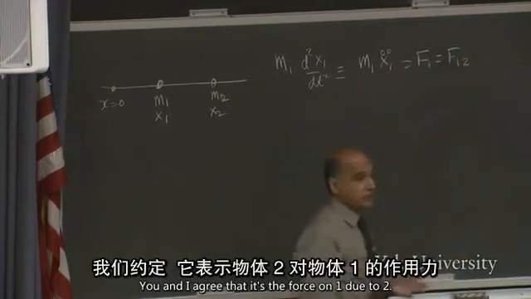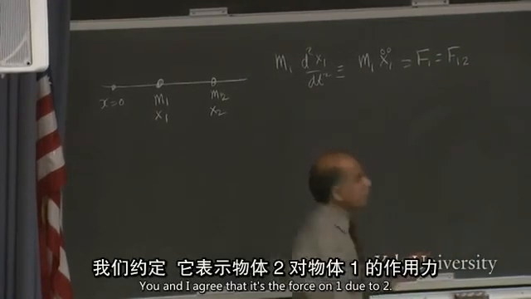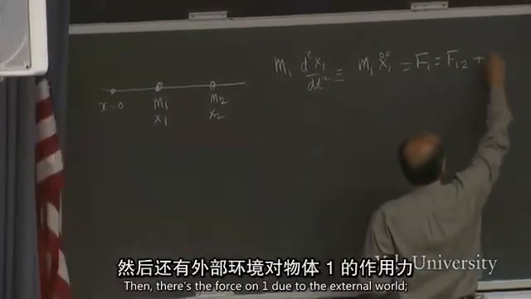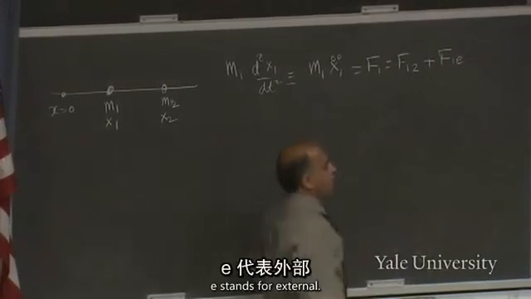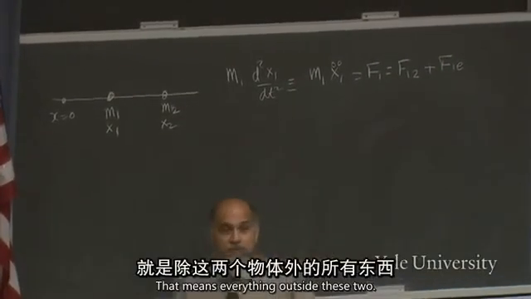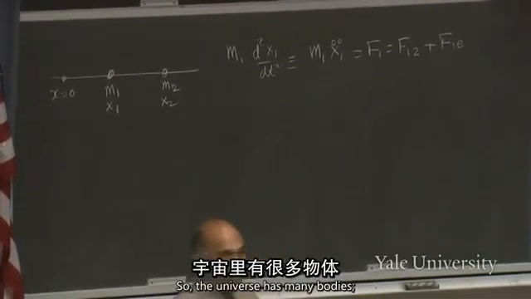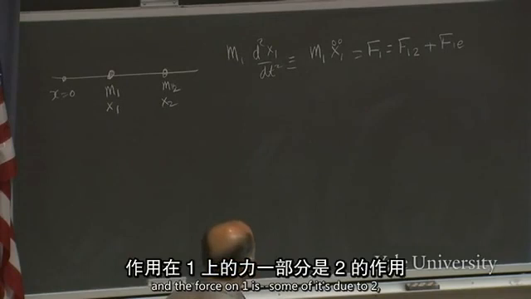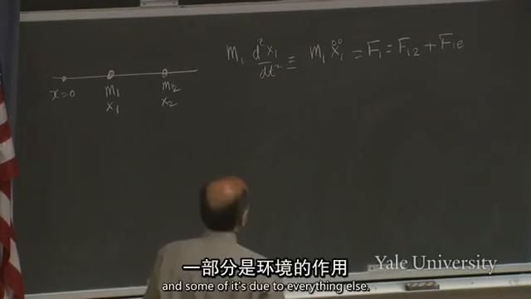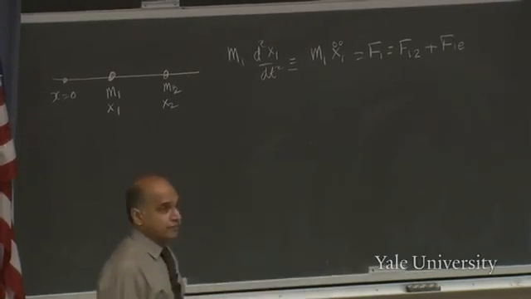That's our notation. You and I agree that's the force on 1 due to 2. Then there's the force on 1 due to the external world. E stands for external. That means everything outside these 2. So the universe has many bodies. I've just picked these 2 guys. They're 1 and 2, and the force on 1 is some of it's due to 2, and some of it's due to everything else.